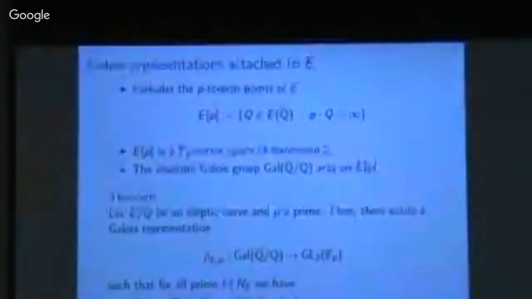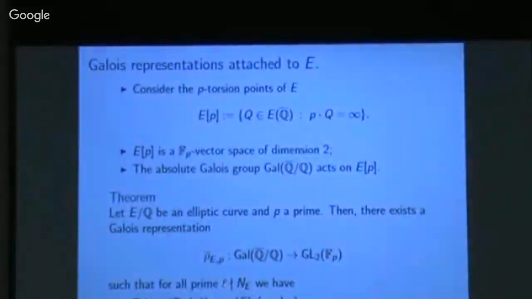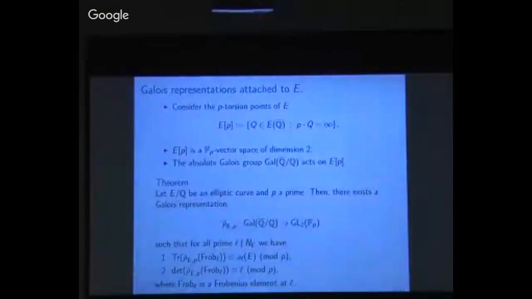For every prime L of good reduction, so those that do not divide the conductor, there is an element, which we call the Frobenius element at L, such that when we compute its image and take the trace of the matrix we obtain, we get the number which is congruent modulo P to this A_L.